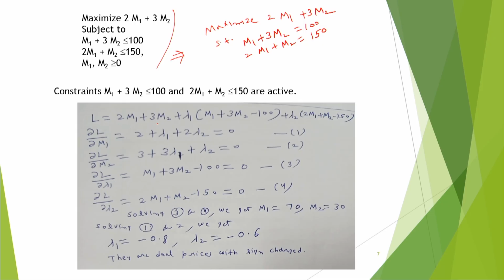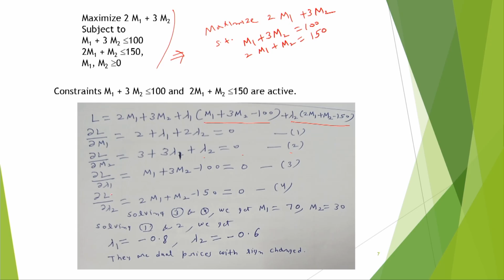So L is equal to 2m1 plus 3m2, that is the objective function, plus lambda 1 times (m1 plus 3m2 minus 100). You can also write 100 minus m1 minus 3m2, only the sign will differ, but I am writing this way, plus lambda 2 times (2m1 plus m2 minus 150). Then del L by del m1 is equal to this one, and del L by del m2 gives 3 plus 3 lambda 1 plus lambda 2 equal to 0.